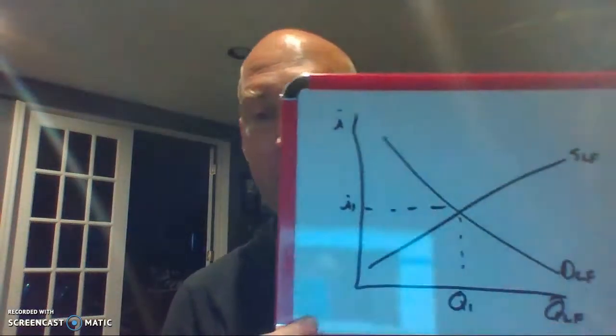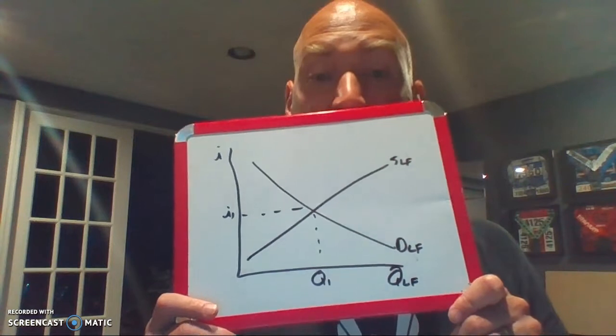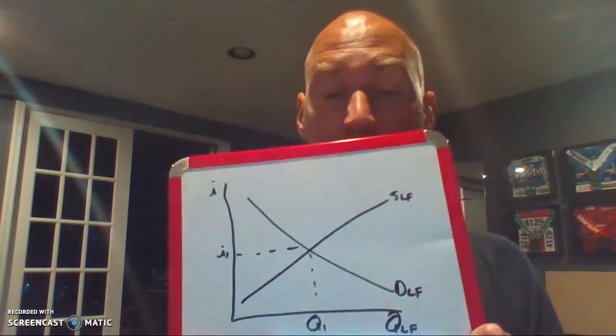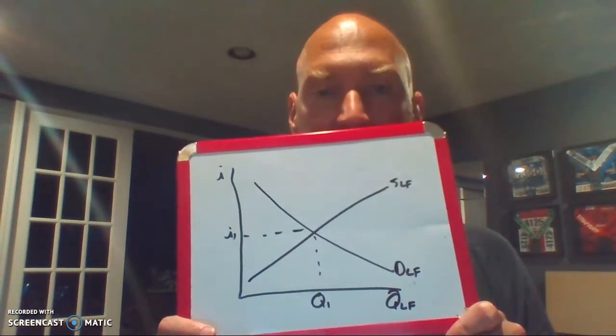Here's the loanable funds market: demand for loanable funds, supply of loanable funds, and real interest rates. Let's assume that when we're talking about a budget deficit, the government has to borrow a lot of money in order to finance or stabilize the economy.